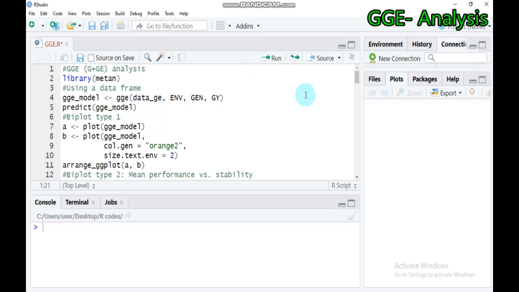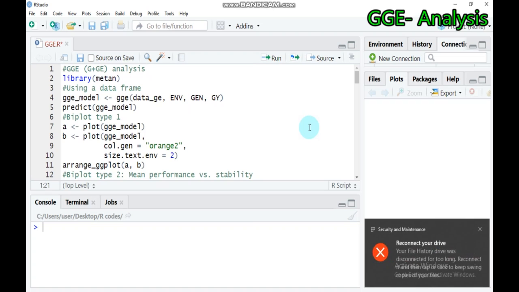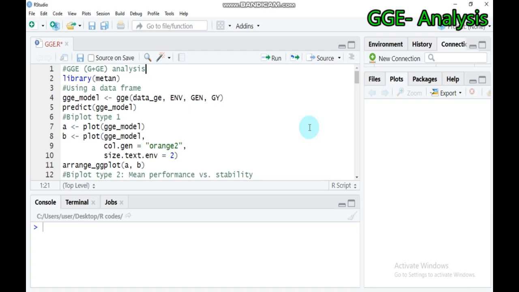And the third one is, as I told you before, there are three options for singular value partitioning, or SVP. The first is genotype, which means the singular value is entirely partitioned into the genotype eigenvectors, also called row metric preserving.